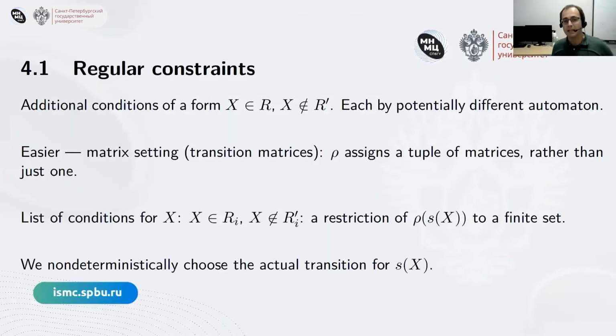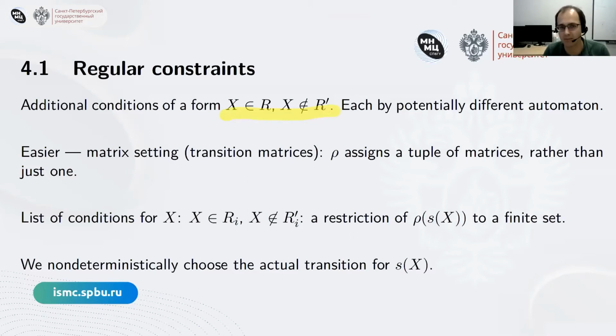Okay, so when we look at regular constraints, they are of the form as written before, and we just list the simplest way we would like to use them. The most convenient way is to say that the substitution for x is inside some regular language or outside of some regular language, and potentially this is specified somehow.